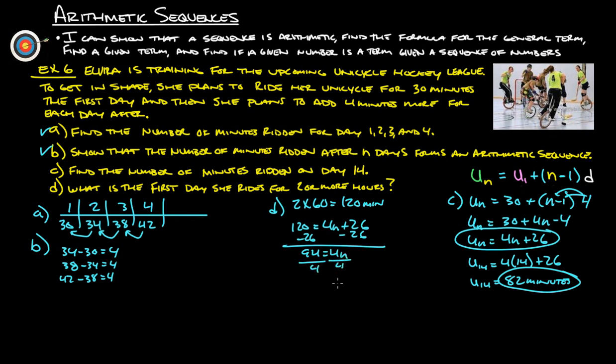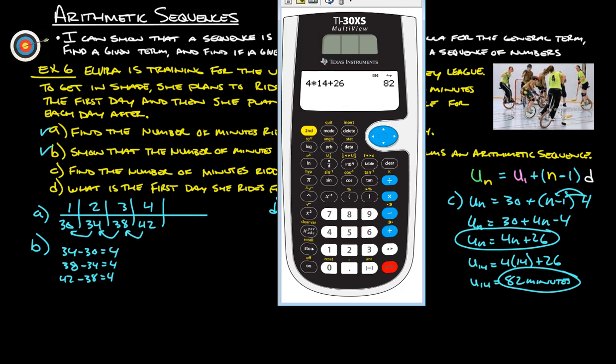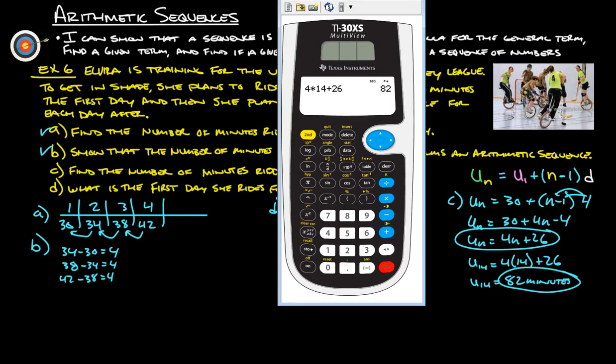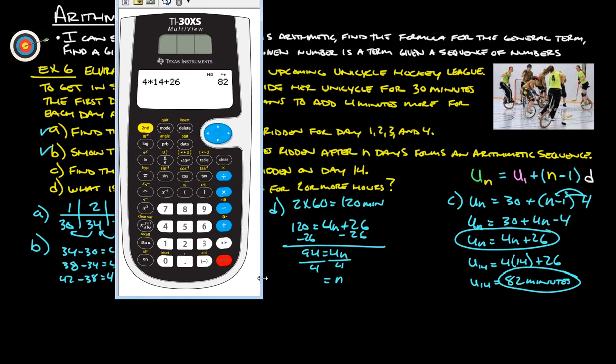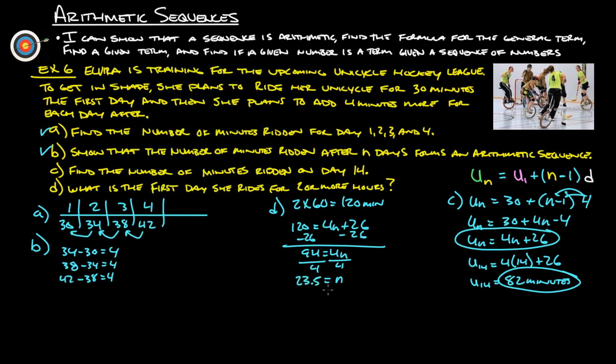Divide both sides by 4, and that tells us n. 94 divided by 4 gives us 23 and a half. If she only went for 23 days, that would be just under 2 hours, but it asks for the first day she rides for 2 or more hours.